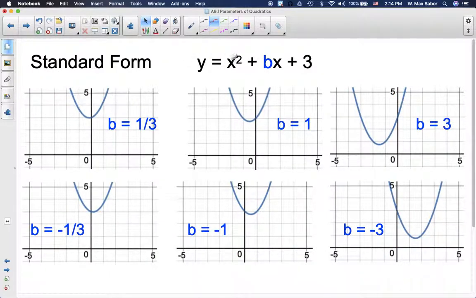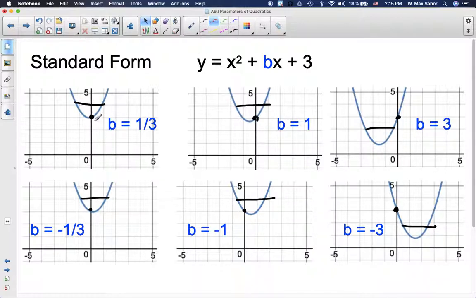Now I've fixed a to be 1, c to be 3, and now b is what's changing. So let's look at what's the same. What's the same is they all have the same y-intercept. They all have the same width. If you go about 1 unit up, you'll see that they're all about the same width at 1 unit up.